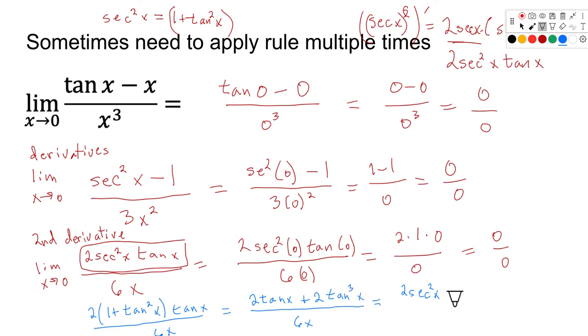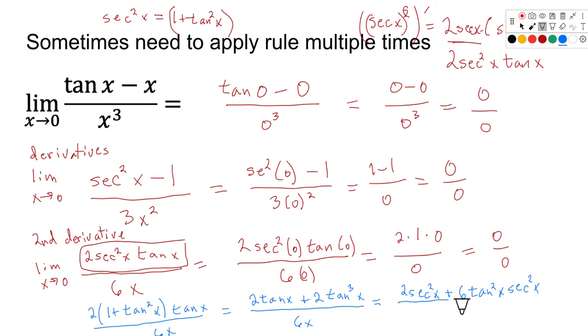Derivative of the second part. Remember, this 3 is sort of on the outside of the tangent, so the 3 comes down. We get 3 times 2, so 6. We're going to get tangent squared times the derivative of tangent, which is secant squared. Okay, so that's a chain rule thing there.